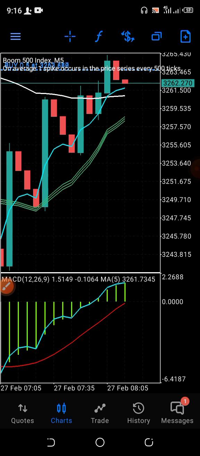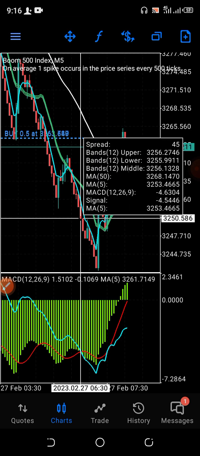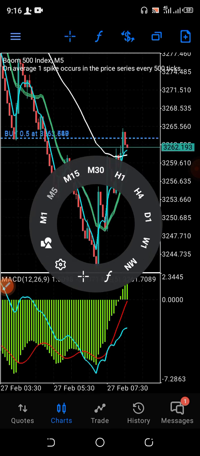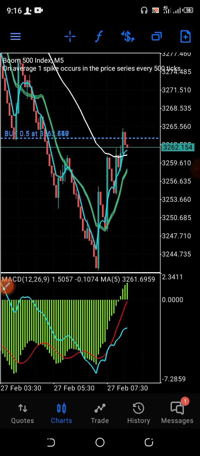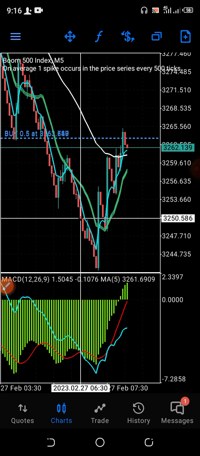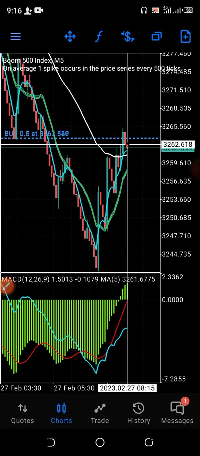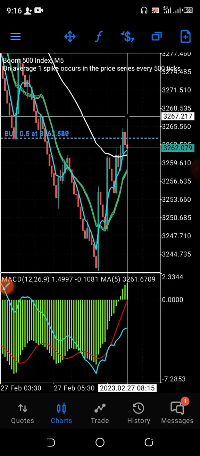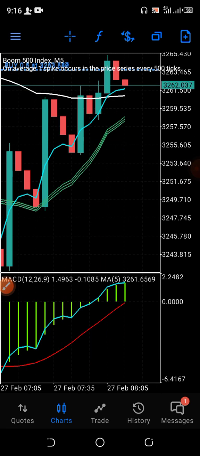So how do I place this trade, and what are my convictions before placing it? I place this trade on the condition that I have a bullish candle that will be trading.